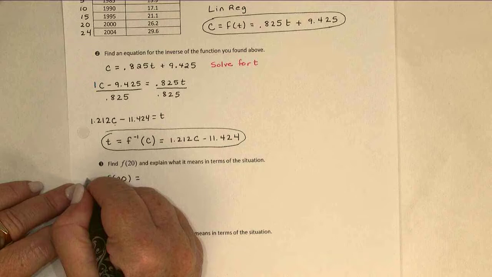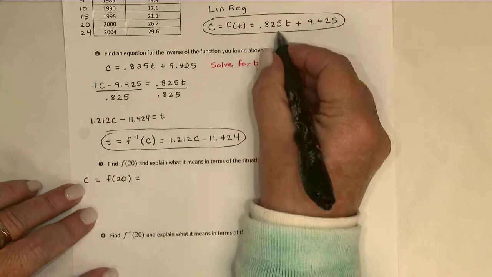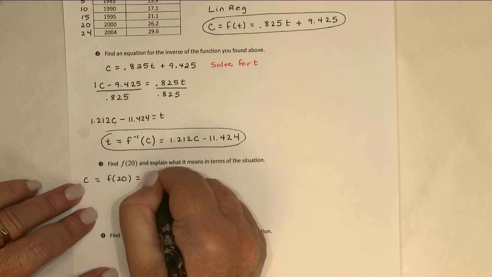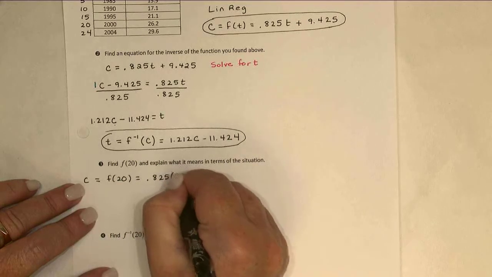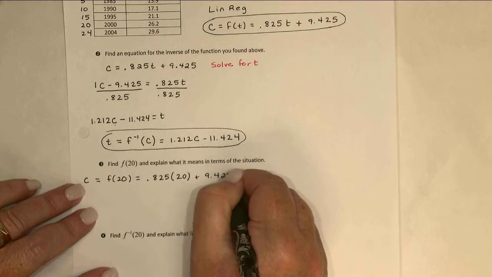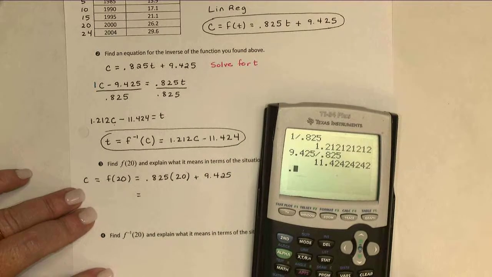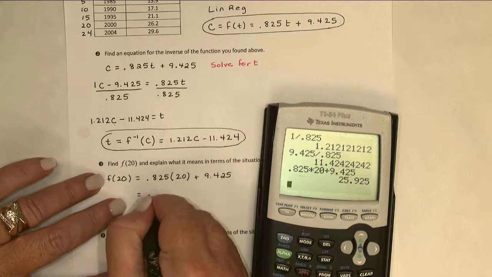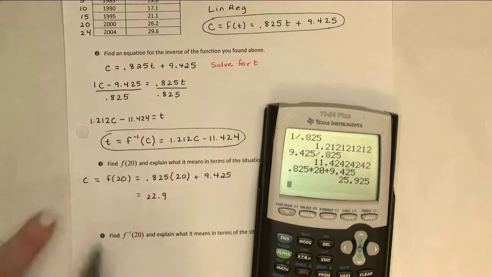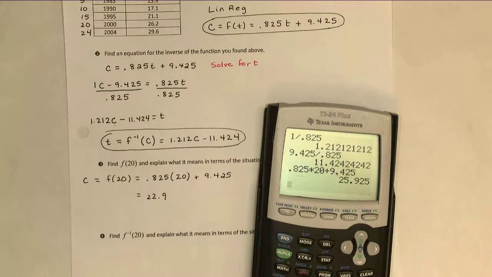This was a C equals, meaning I'm plugging in 20 for the t. 0.825 times 20 plus 9.425 gives me 22.9 approximately. I'm just going to notice that the C values in the table up here were all rounded to the nearest tenth, so I'm going to do the same in my answer.